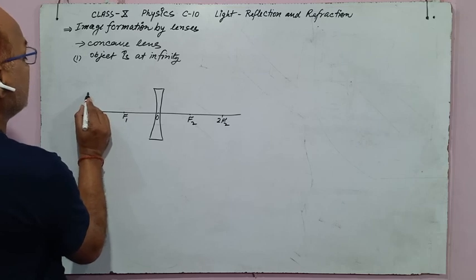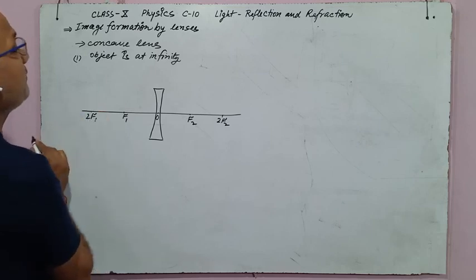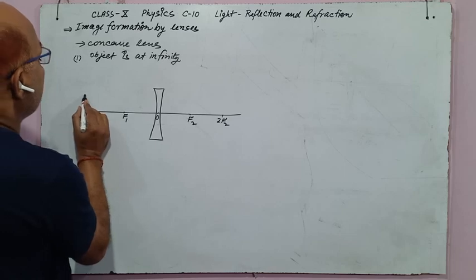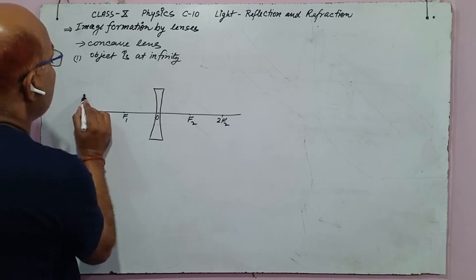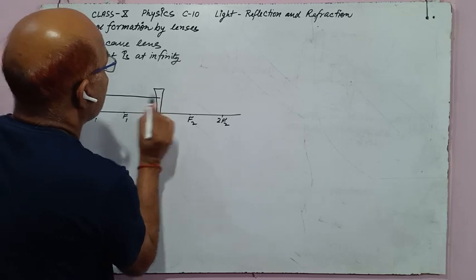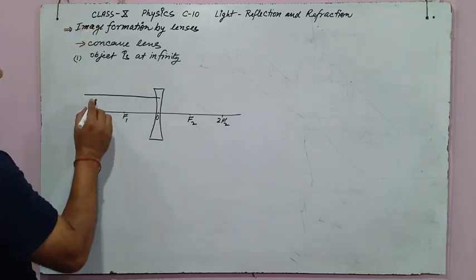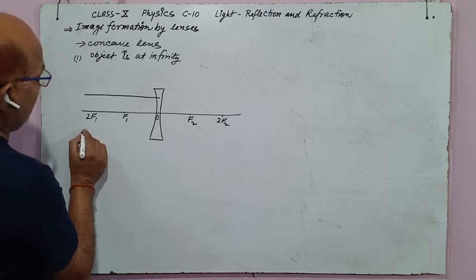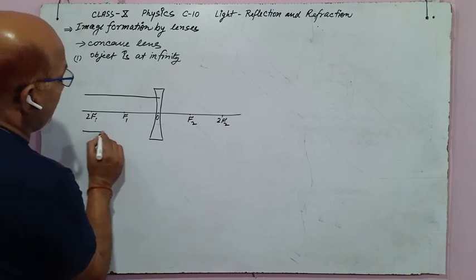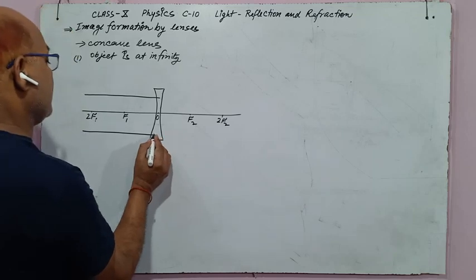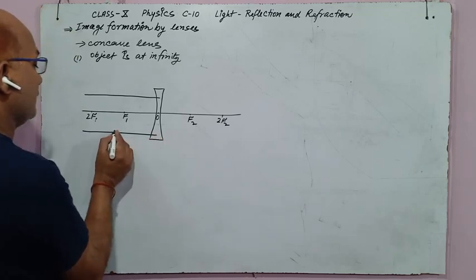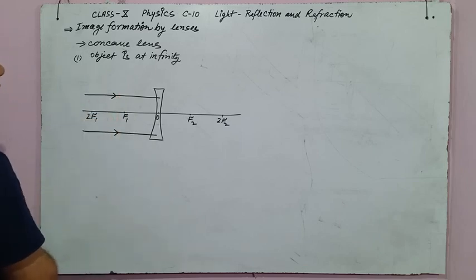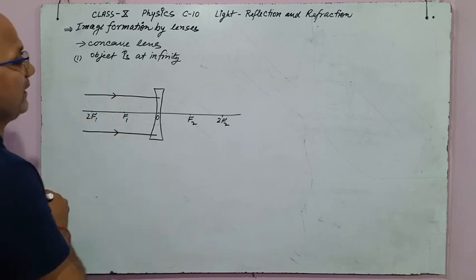So the rays coming from infinity supposed to be parallel. So draw one ray parallel to the principal axis, and on the other side we will draw one more ray which is parallel to the principal axis. These two rays are parallel to the principal axis coming from infinity.